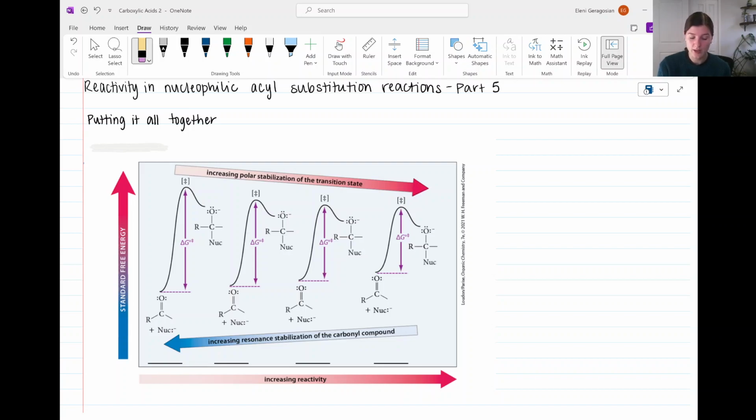This is showing 4 different reactions from the acyl group. So for each of these, this acyl group, we're going to fill in for these different structures what belongs right there. So there's 4 here. And then for each of these reactions, we're forming some transition state.